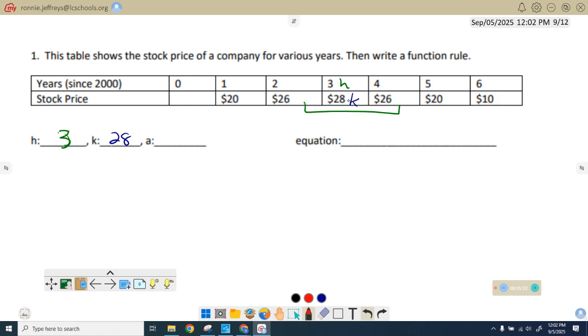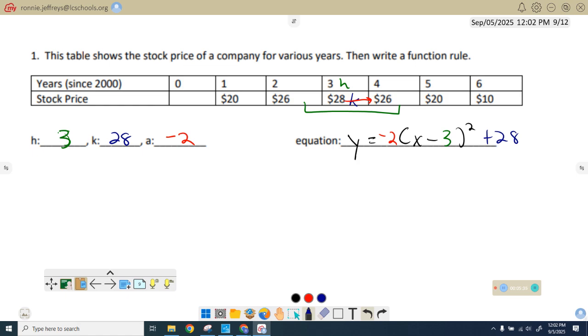Alright, now how do we go from 28 to 26? Minus 2. Now, they're not all going to be minus 2. It was just easier to make that happen this way. Okay? So, negative 2, 3, and plus 28.